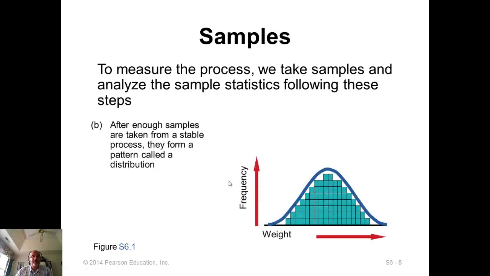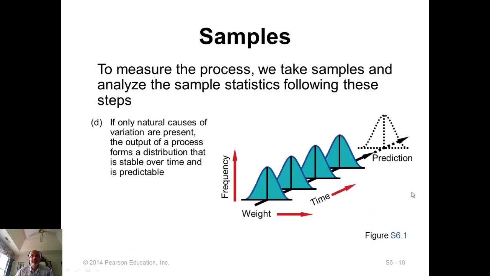After enough samples are taken, not just one or two samples, but several, you will see the distribution taking shape. If it is operating properly, if it is in control, then the pattern of the distribution will be something like this. Here is a graphical representation of a production process that is in control.